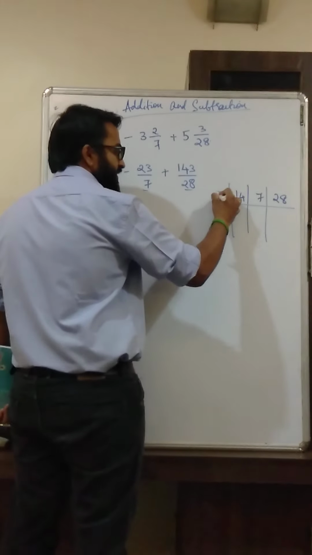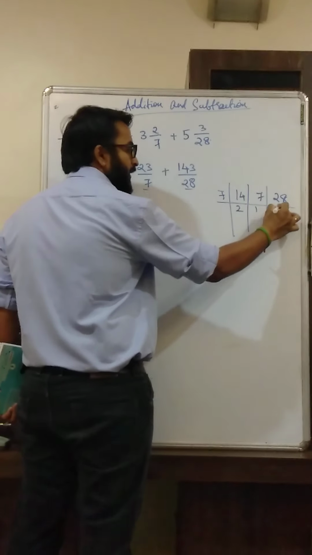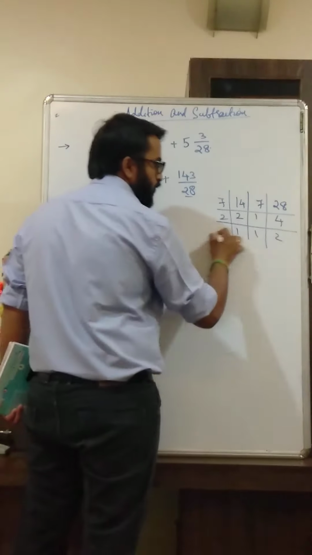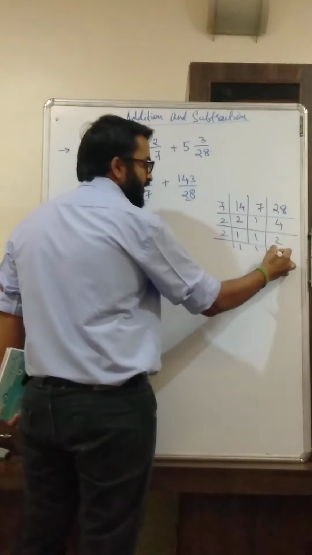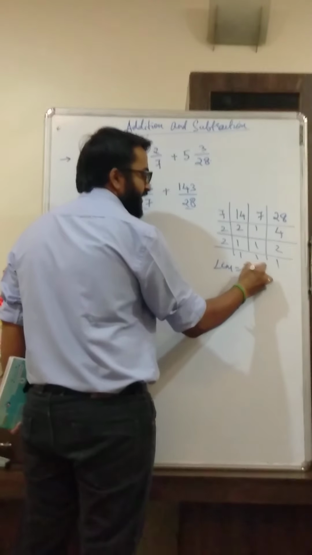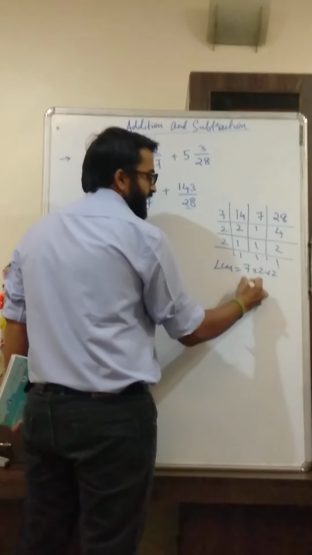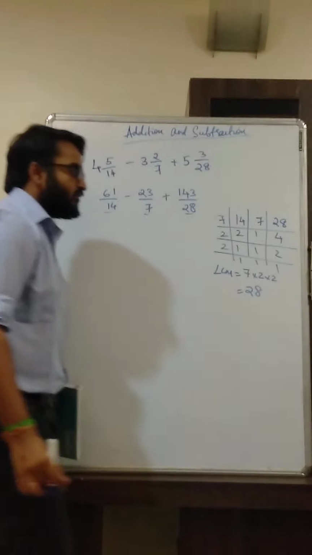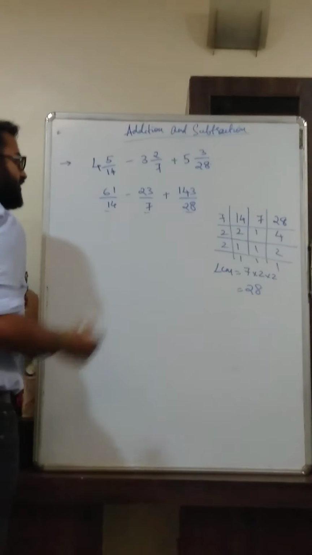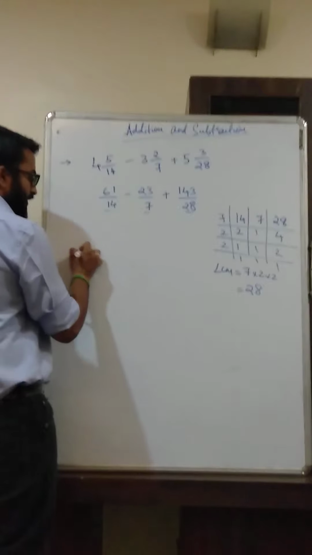So 7, 2, 1, 4 again. 2, 1, 1, 2, 2, 1, 1, 1. So LCM is 7 into 2 into 2. LCM is 28. So one of the denominators is the LCM of these three numbers. Okay.